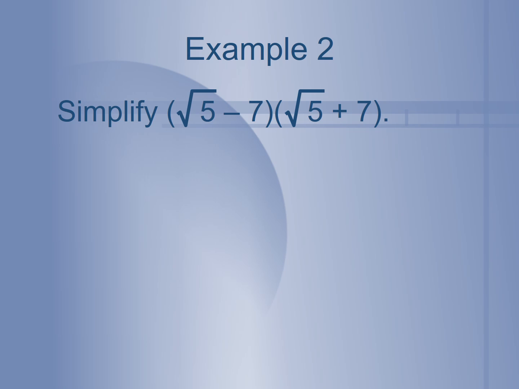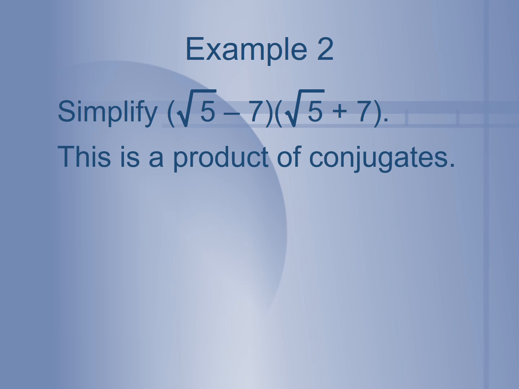Now looking at example 2, notice that this is a product of conjugates. And remember, conjugates are where the terms are the same, but one is subtraction and one is addition.